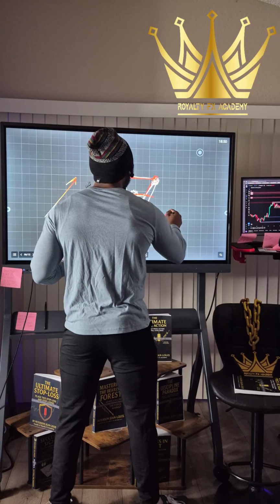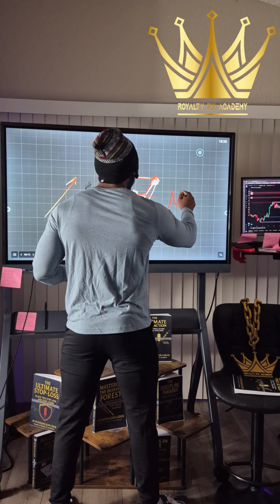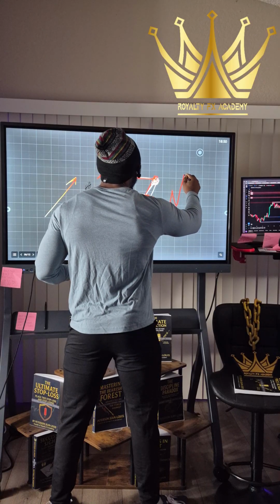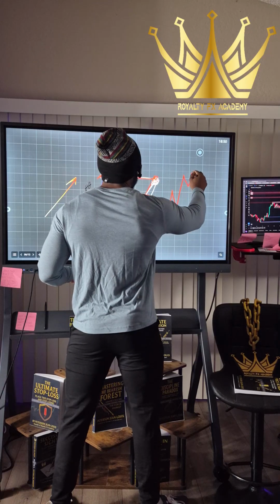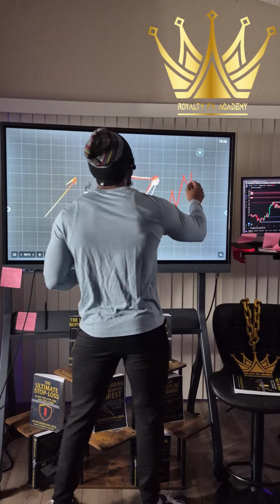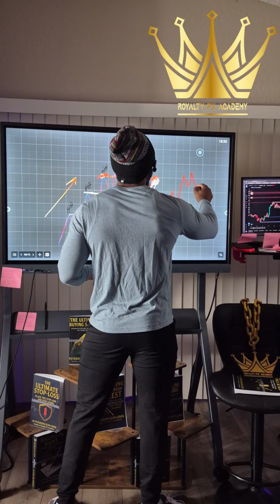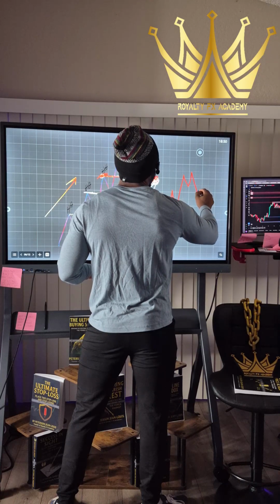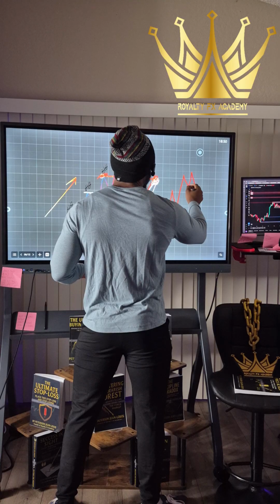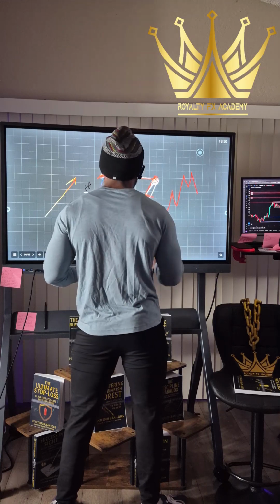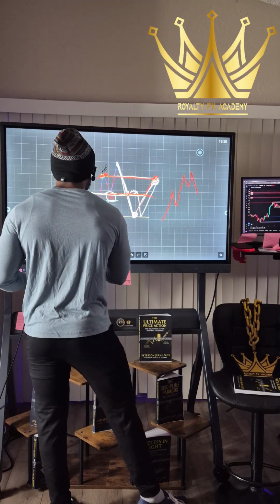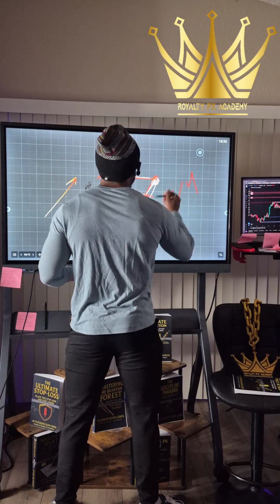When the market does this, boom, and then it does this. Now, it breaks, and then you're thinking that it's going to stop here. I'm going to make it a bit shorter because it'll be a lot easier.